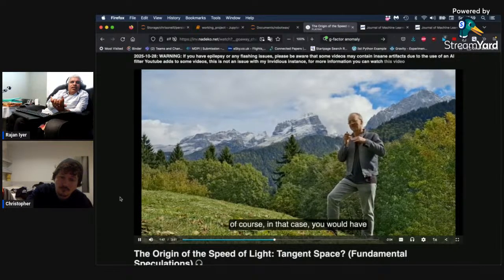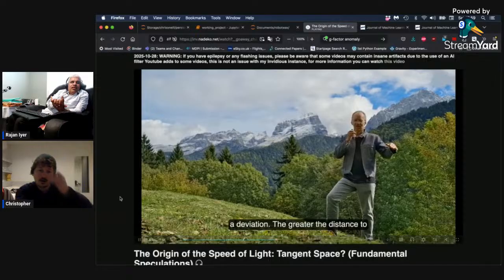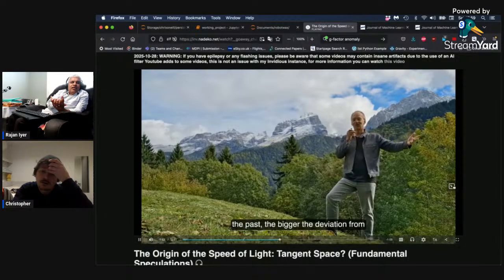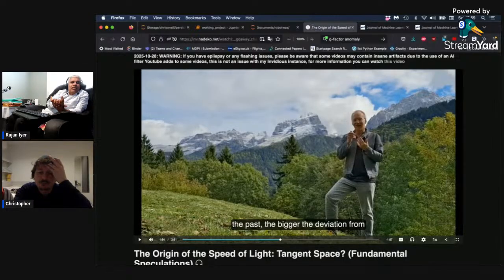And yes, of course, in that case, you would have a deviation: the greater the distance to the past, the bigger the deviation from real. So looking further away on the tangent space is equivalent to looking further into the past, which is what the light cone is about, essentially, isn't it?